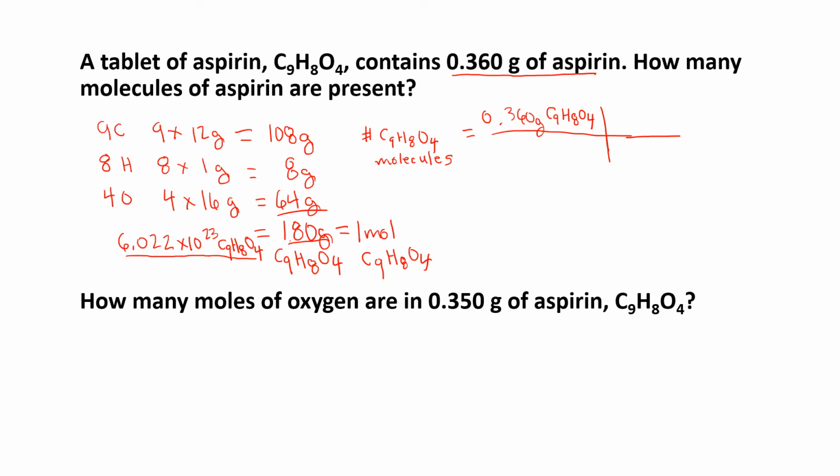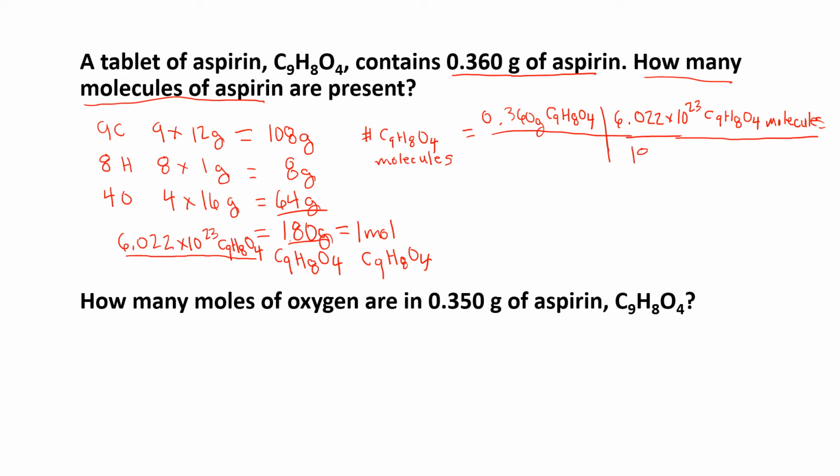And so since I'm looking for how many molecules of aspirin are present in 0.360 grams of aspirin, I will write the 6.022 times 10 to the 23rd C9H8O4 molecules up top, and that will allow me to find the number of aspirin molecules.